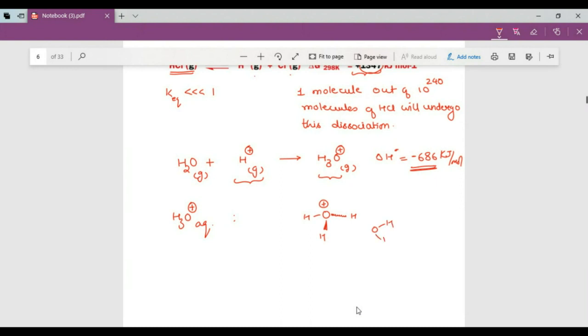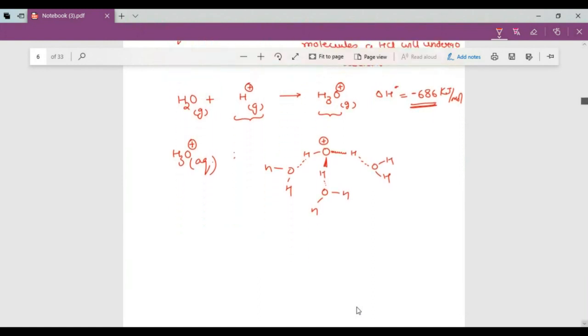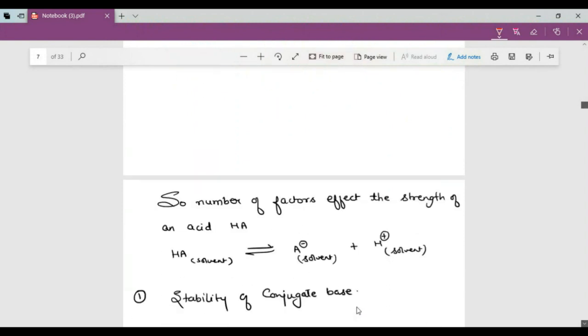These are the other water molecules present in the vicinity, and these are the H bonds which will stabilize my hydronium ion under aqueous conditions. So from this you can imagine that under aqueous conditions H3O plus is even more stable.